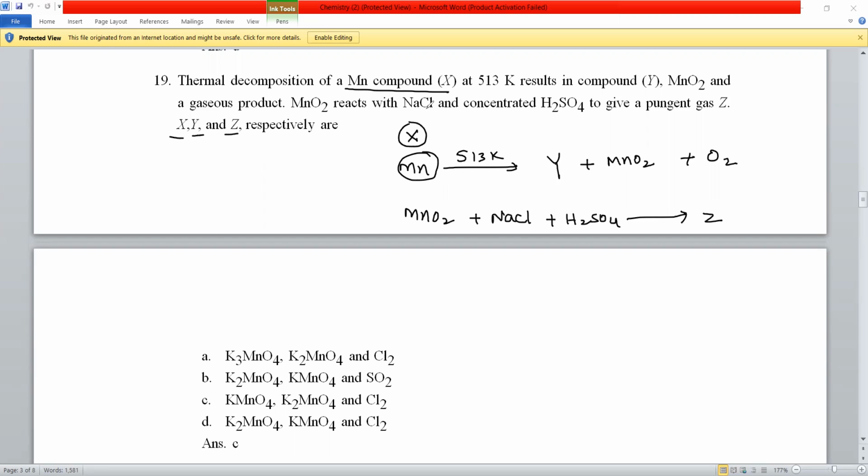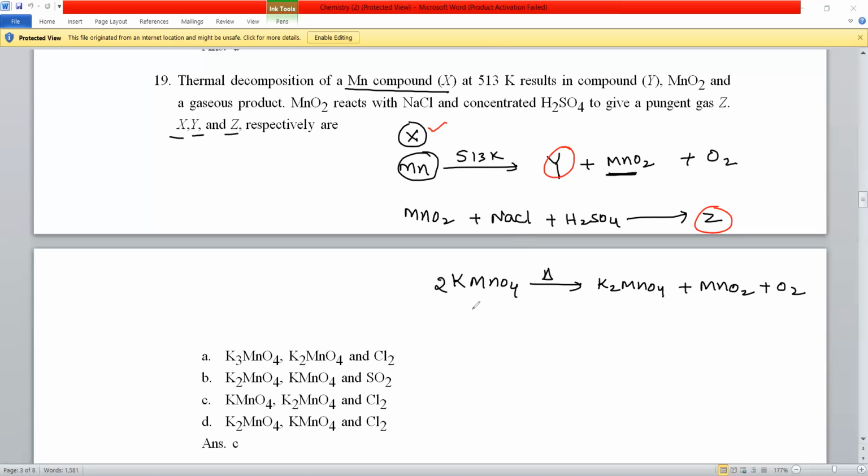We know very well that manganese dioxide and oxygen are released when potassium permanganate, KMnO4, 2 moles, is heated: it gives K2MnO4. Permanganate is converted to manganate, and MnO2 plus oxygen are released. This is the first equation.